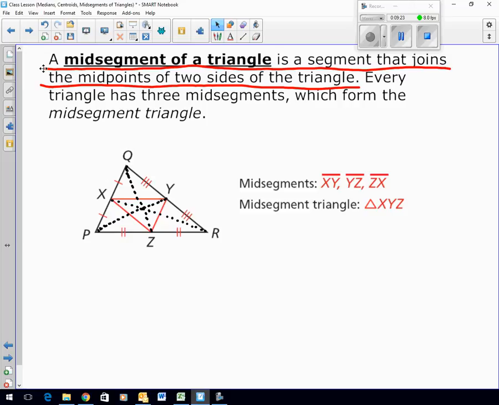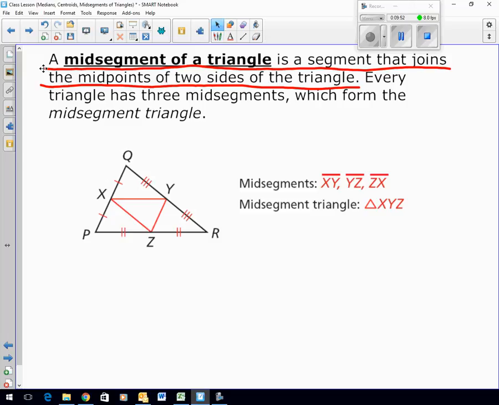We just wrote down the medians intersect. The point of concurrency of the medians is called the centroid. Remember, 2/3 the distance. This is a little different. This is called the triangle mid-segment theorem. So a mid-segment in this example would be x to y, y to z, x to z.